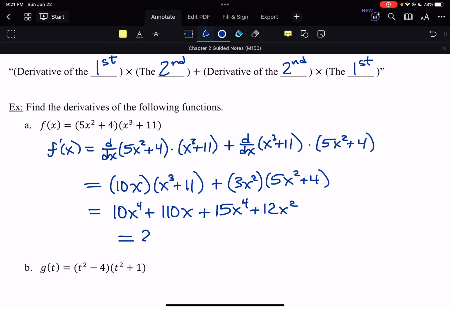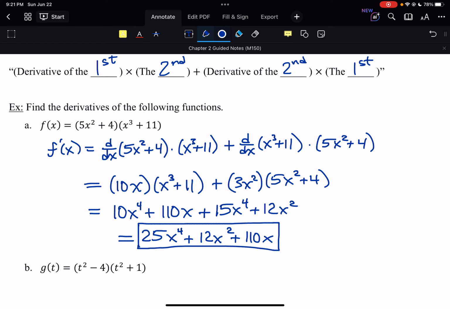And a little bit of combination, 25x to the fourth plus 12x squared plus 110x. And that gives us our derivative.